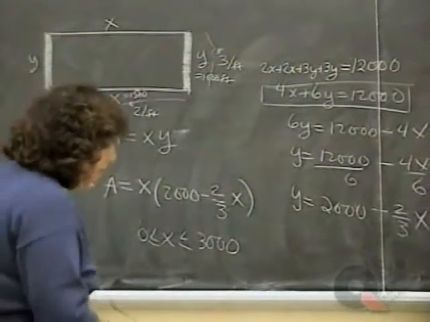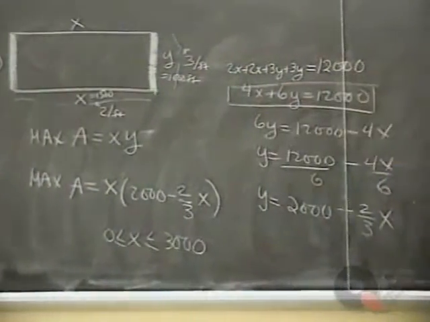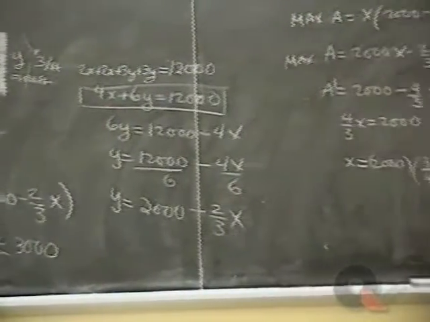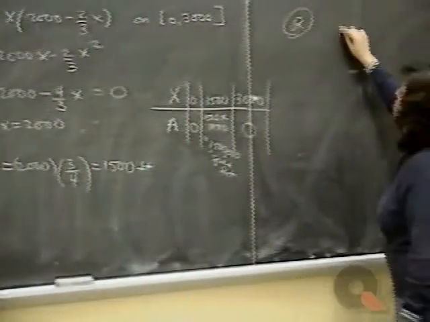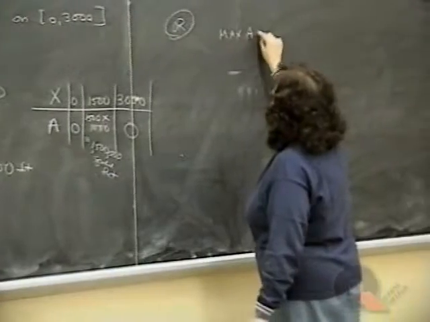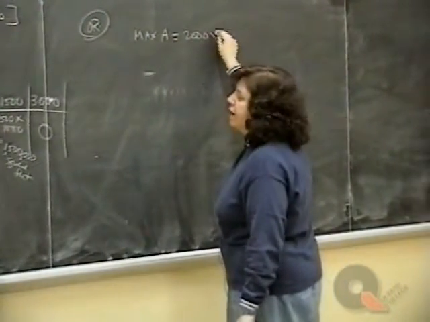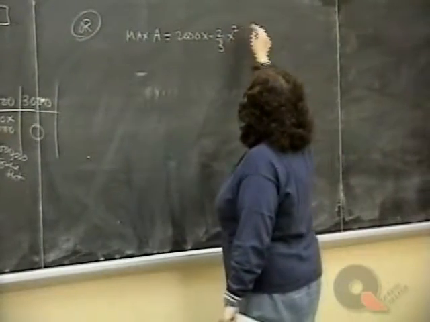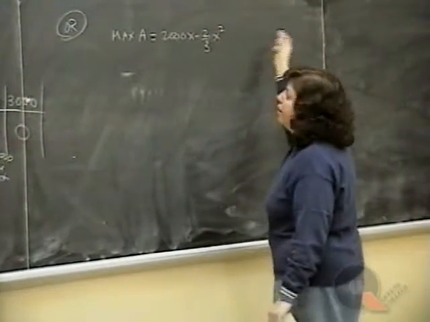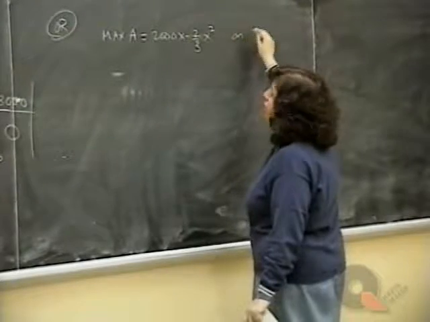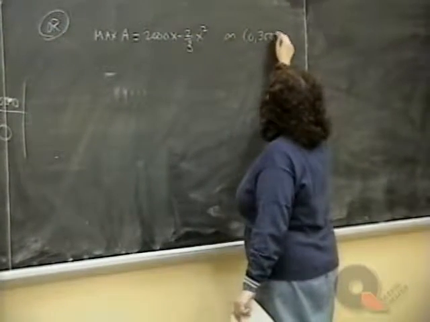Now that's the way to do it for a continuous function on a closed interval. Or you could say I want to maximize a, which was 2,000x minus 2/3 x squared, but the interval is really the open interval 0 to 3,000.